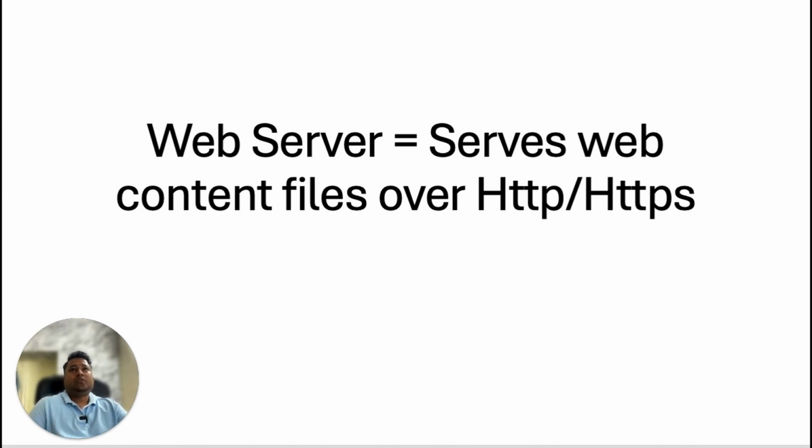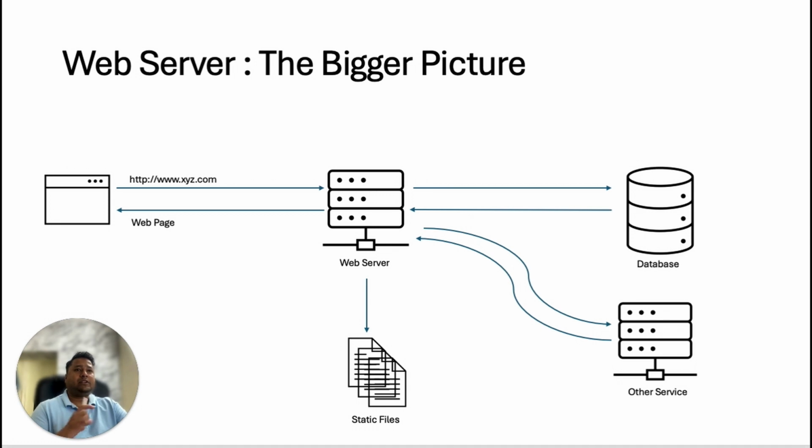So if you look at the web server bigger picture, let's forget that we are discussing Apache Web Server and think about a web server. I already explained that this browser is your client application. The moment you send www.xyz.com, this request goes to your web server. It first establishes a TCP connection with the web server, and then sends the data over HTTP to your web server.